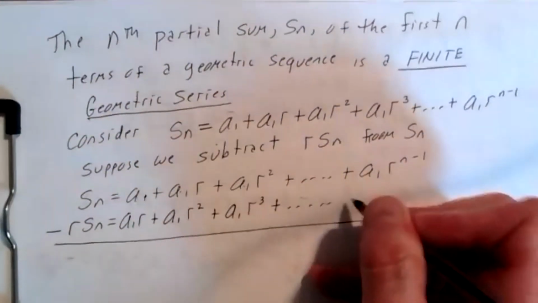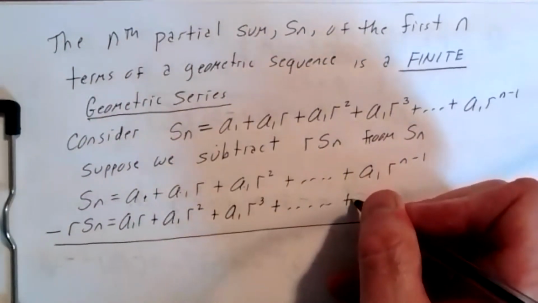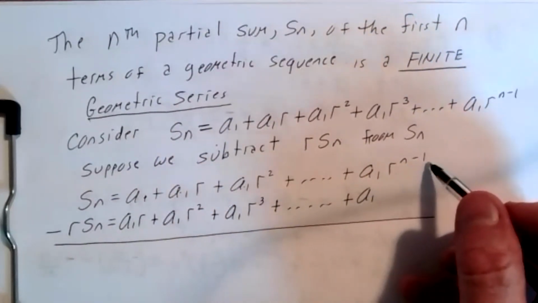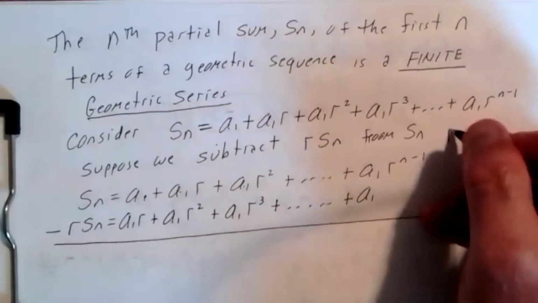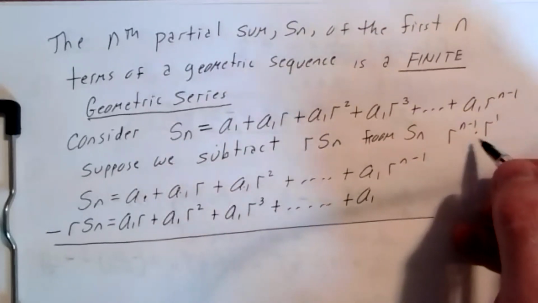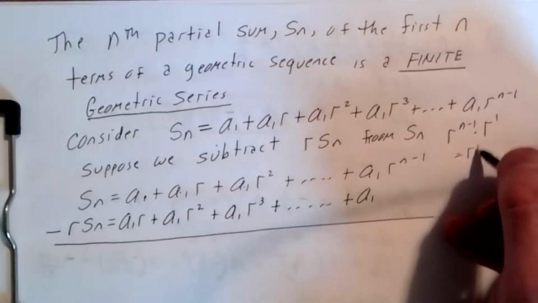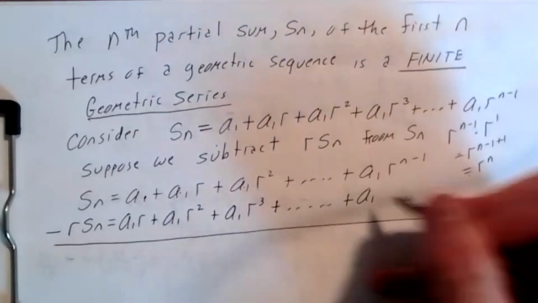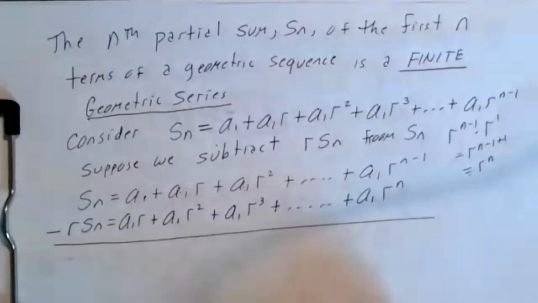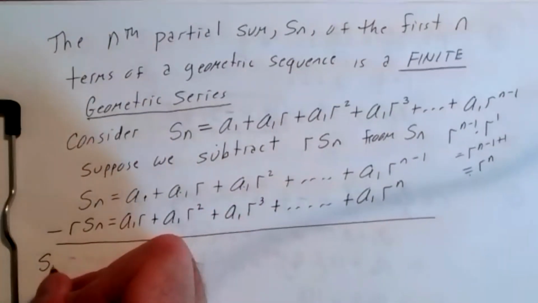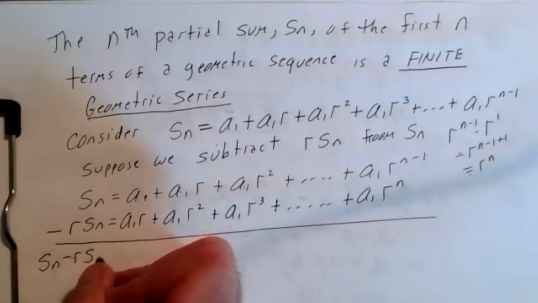Plus all the way this goes to a sub 1 times what? What's r to the n minus 1 power times another r? When you multiply like bases, you add exponents. So this can be r to the what? n minus 1 plus 1, which is equal to r to the what? Nth? See that there? Well, let's subtract this off, ladies and gentlemen. When we subtract the left side of this equation, we have our nth partial sum minus r times your nth partial sum.